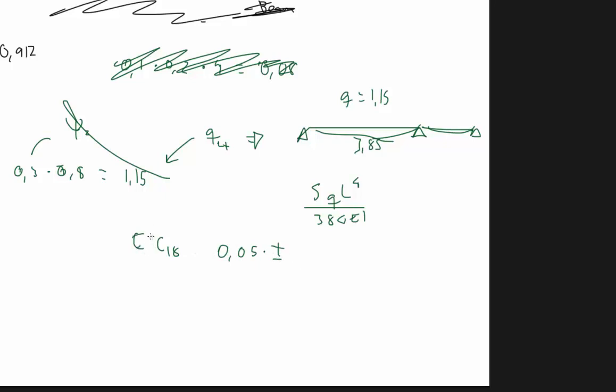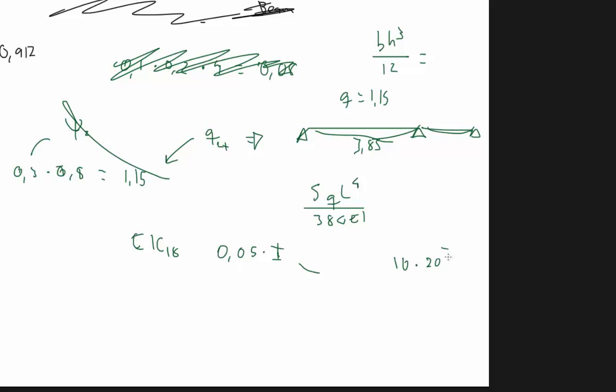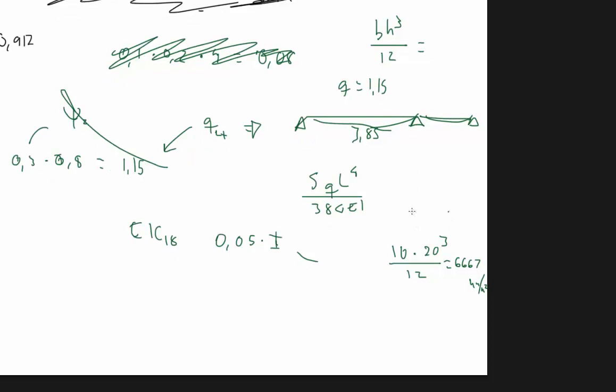So EI for C18, and the inertia is base times height to the cubed divided by 12. So I would assume it would be 10 times 20 cubed divided by 12, which is equal to 6667, and that times 0.05 is equal to 333.